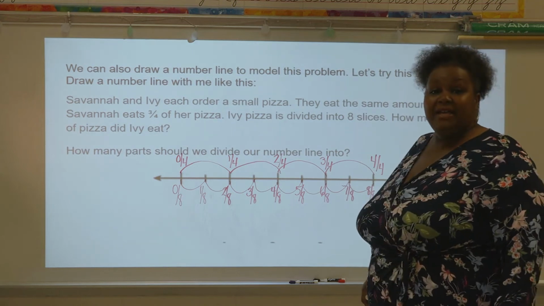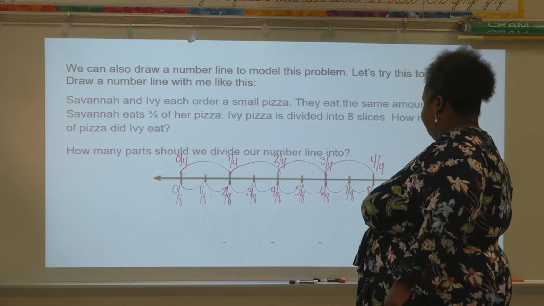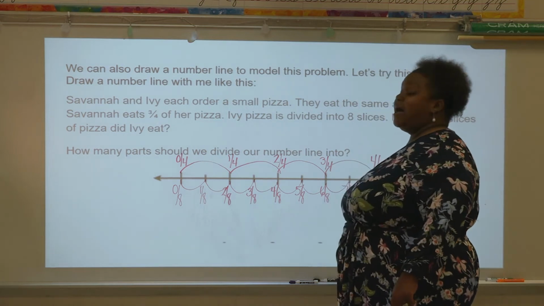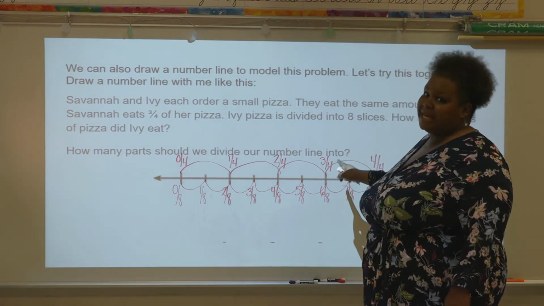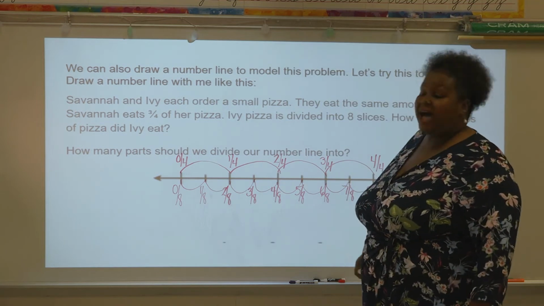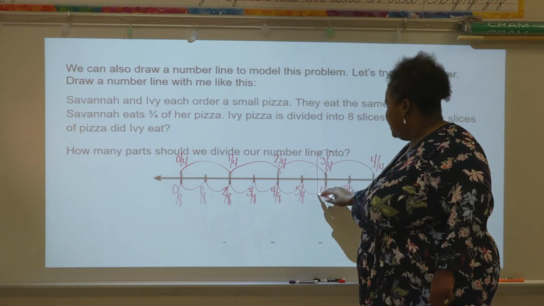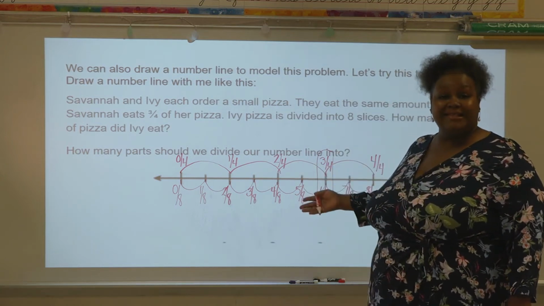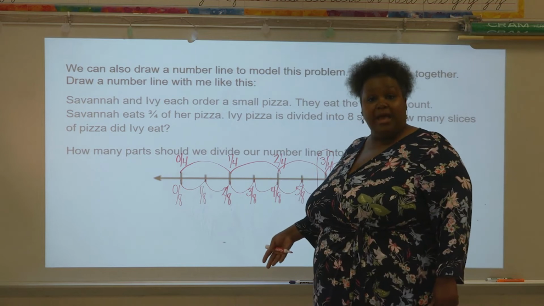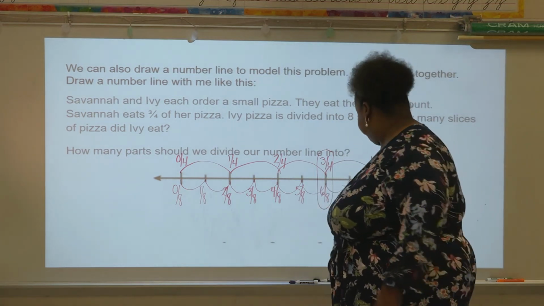So if Savannah eats 3 fourths, how many slices did Ivy eat? I'm finding them on the number line, and it would be 6/8. She ate 6 slices. Another way to show the same problem.